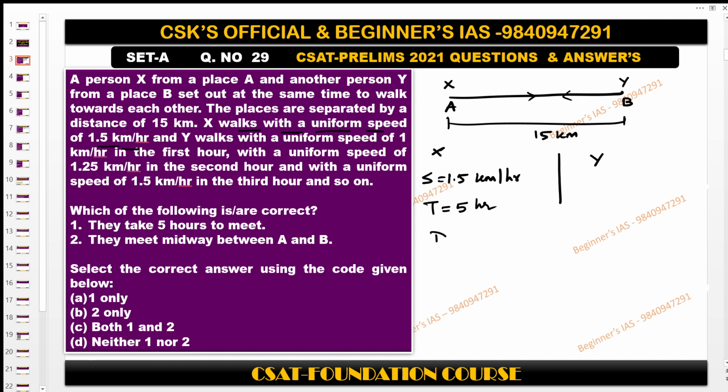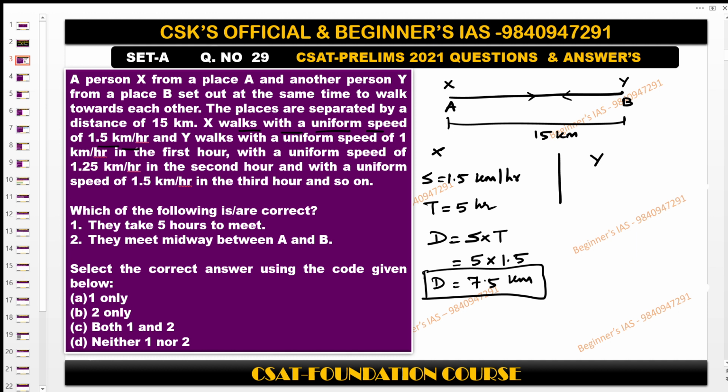The distance formula is s into t, speed into time, which is 5 into 1.5. So therefore d is equal to 7.5 kilometer. So in 5 hours X has covered 7.5 kilometer from the starting position.